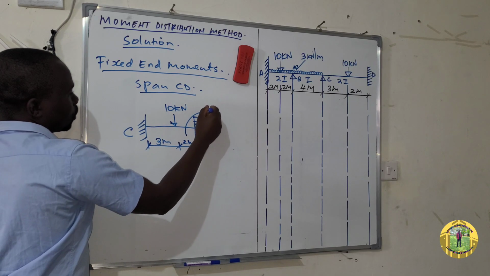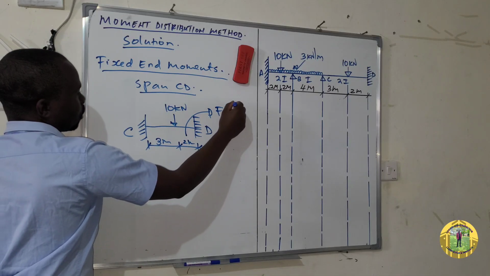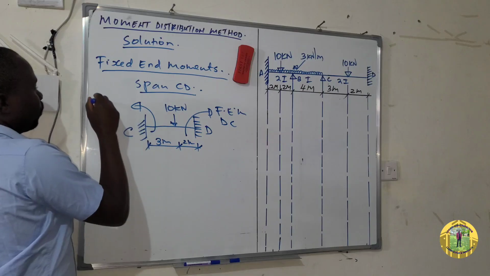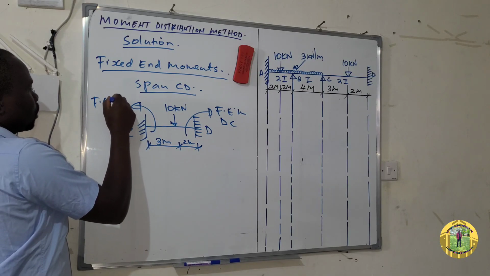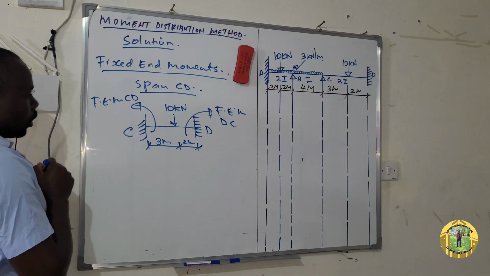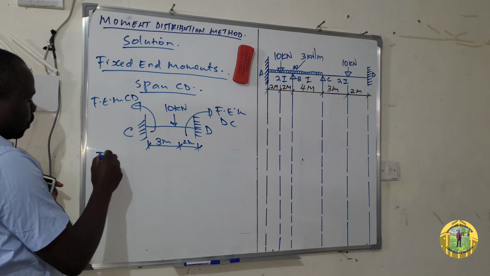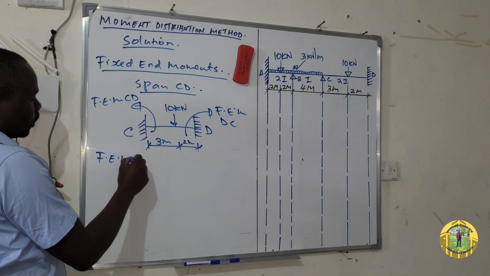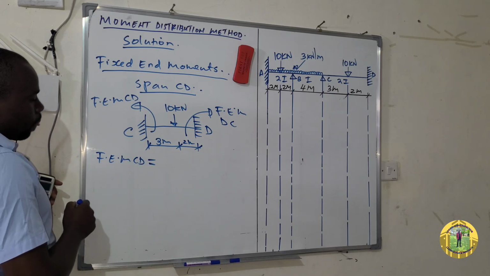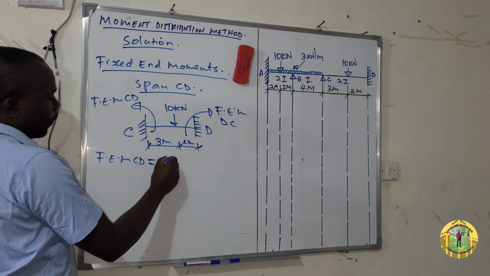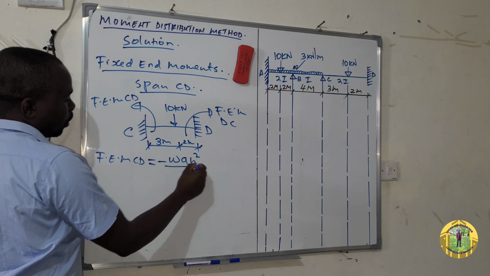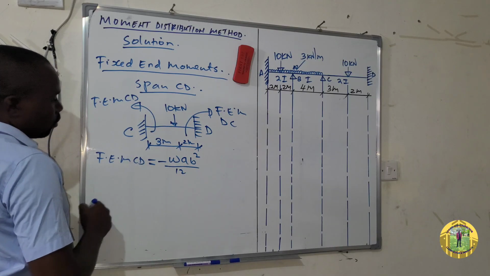So we introduce fixed end moment CD and fixed end moment DC. So we'll start by fixed end moment CD, which is in the anti-clockwise direction, and the formula will be minus WAB square all over L square.